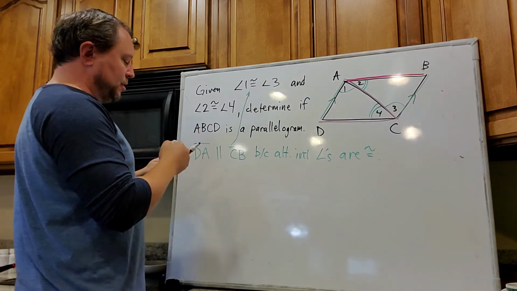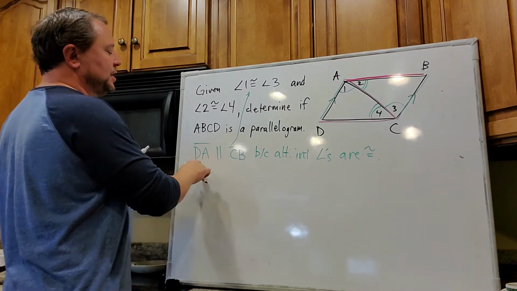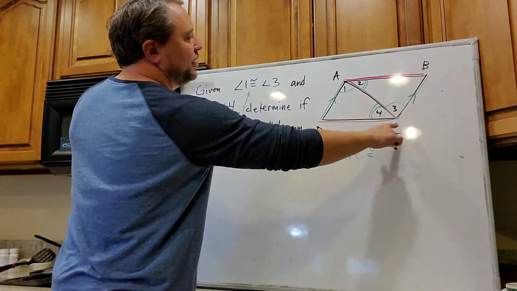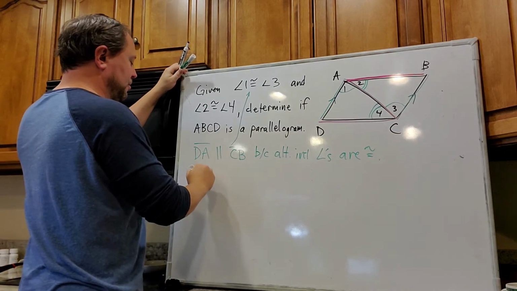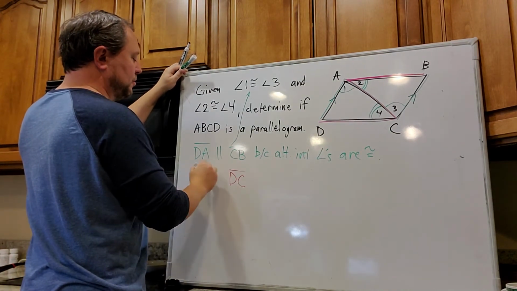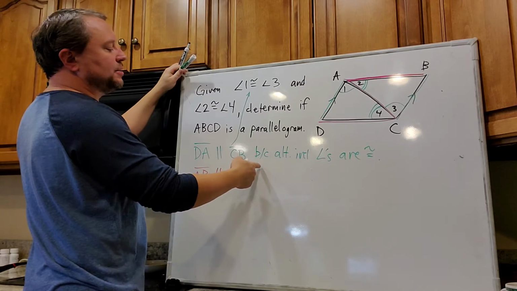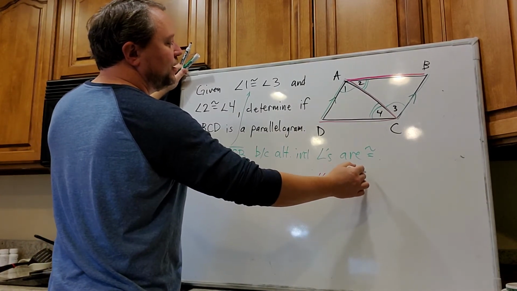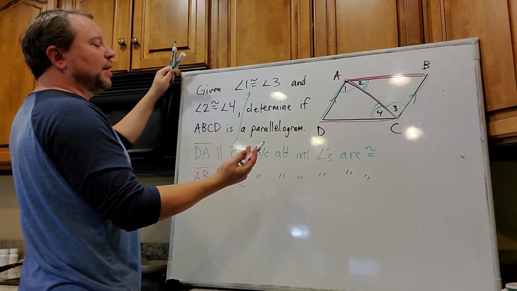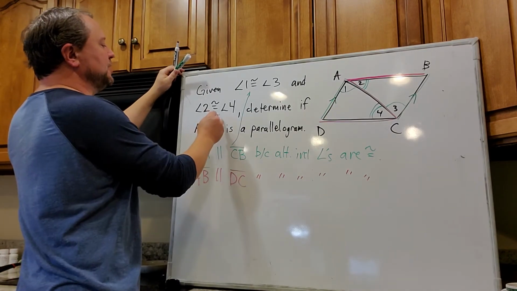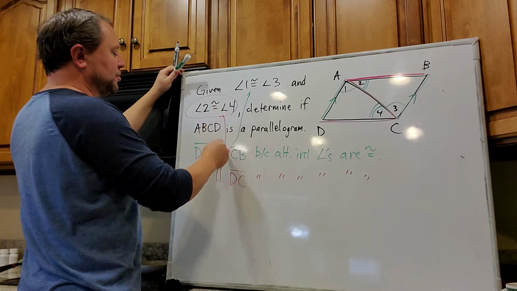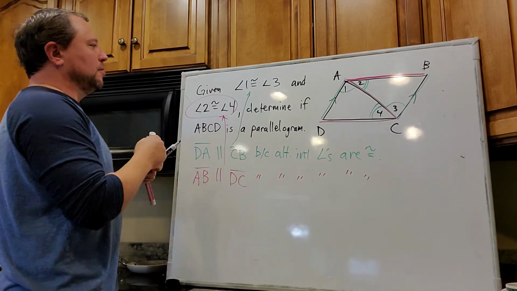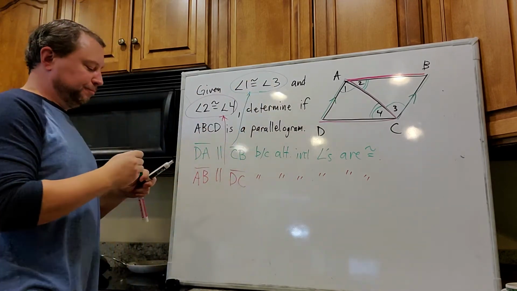But this time, instead of DA and CB being parallel, this time it's AB and DC. It's the same reasoning because alternate interior angles are congruent, but it's a different pair of angles, of course. This time it's this pair of angles that is the reason for that one, whereas the first one was that pair.